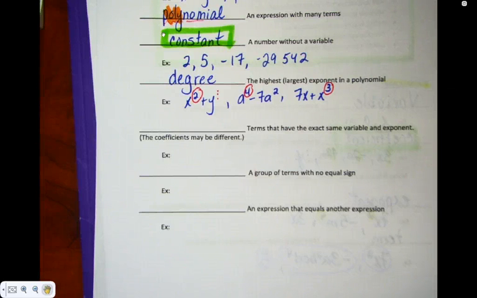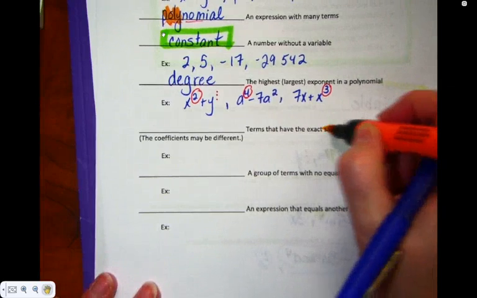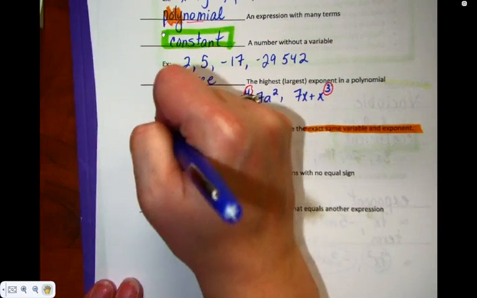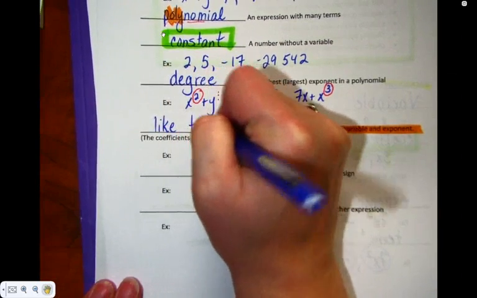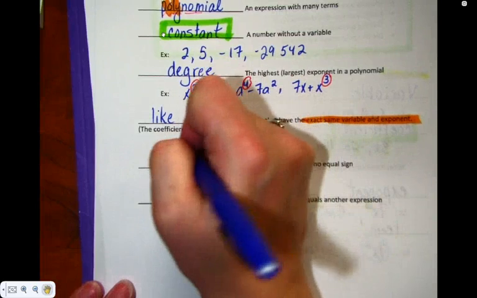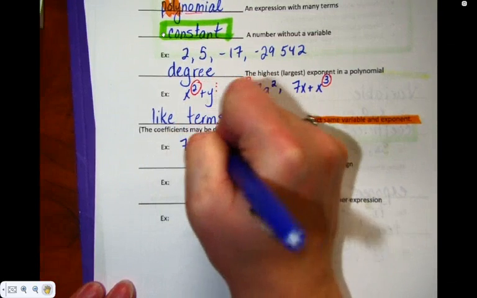Terms that have the exact same exponent and variable, where the coefficients may be different, are called like terms. We group terms into what's called like terms or non-like terms. They're either like or they're not like. If they're like, it means they have to have the same variable, same exponent. So an example of two like terms could be 7x and 8x.